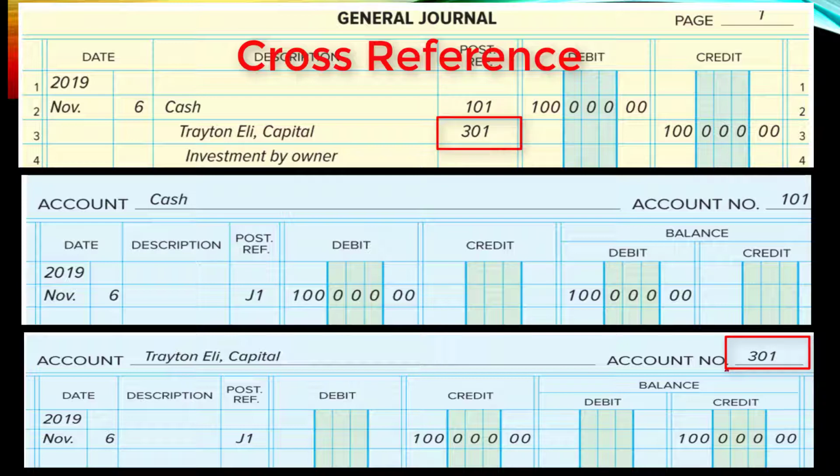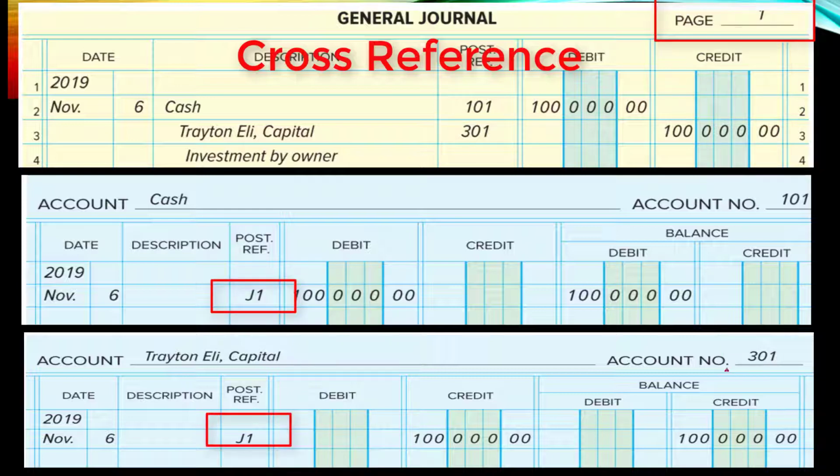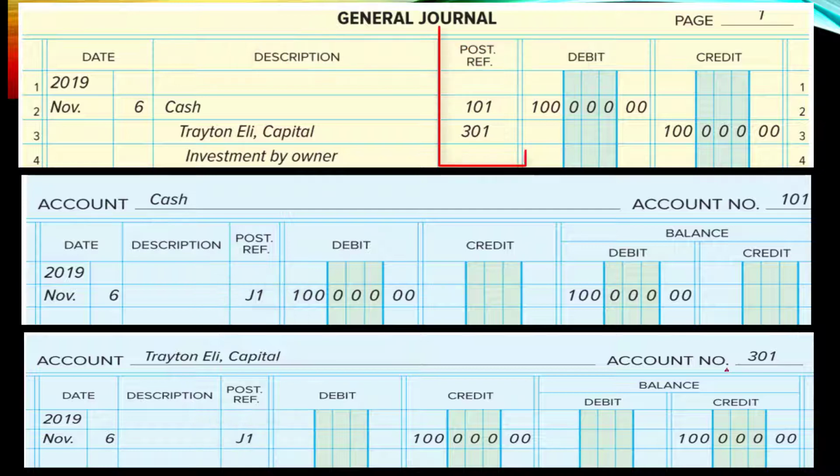Likewise, in the general ledger accounts, we write the corresponding journal page number that the information came from. This is called cross-referencing. Each of these numbers are placed in the post-reference column of both the journal and the ledger.